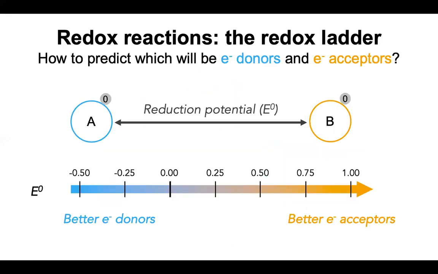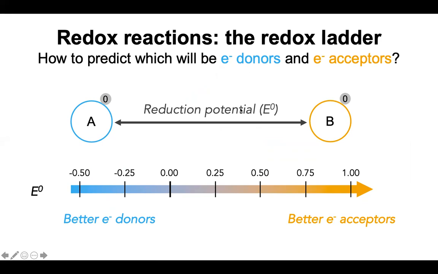So when we think about those redox reactions, we want to be able to look at the reaction and know which of our reactants is going to give up an electron and which one is going to accept the electron. And the difference between those two is called the reduction potential.